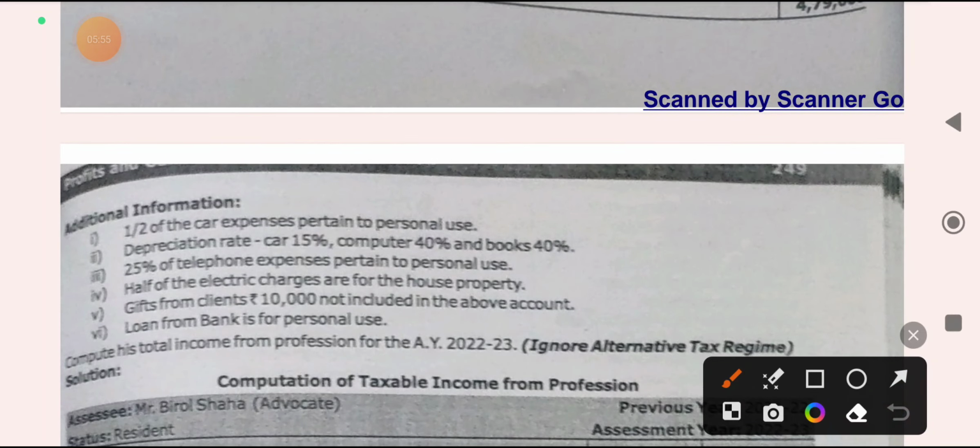Next, gifts from clients 10,000, not included in the above. So this additionally we need to take as income. Loan from bank is for personal use.